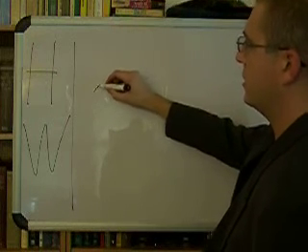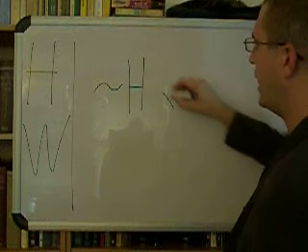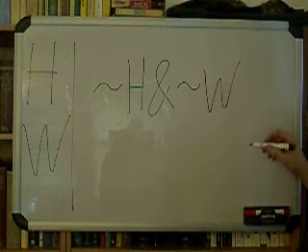So how are we going to say that they don't like criminals? We could say it like this. It is not the case that Holmes likes criminals, and, ampersand, it is not the case that Watson likes criminals.